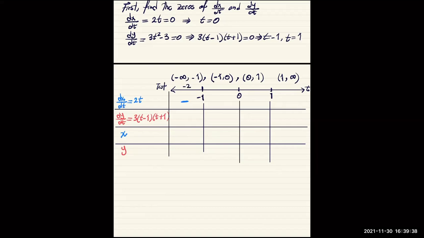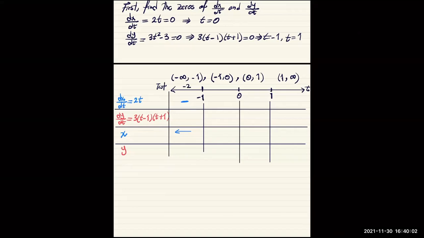We don't care what the value is. We just want the sign. Okay, dx dt negative means that motion is to the left. So x is going left. We talked about this in the beginning.